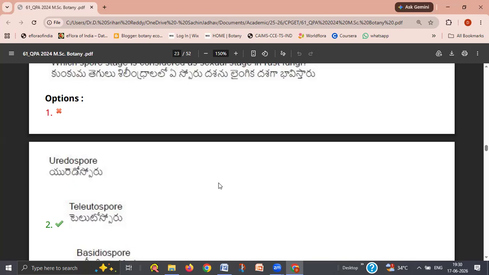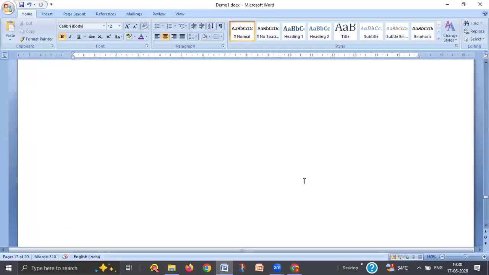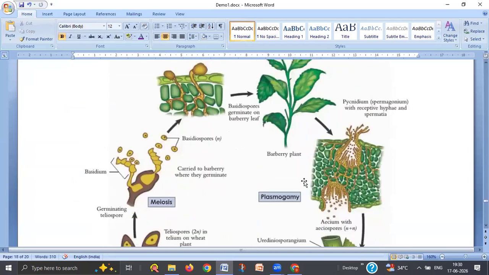So it has several stages in its life cycle. Once we'll see. See, this is the life cycle of Puccinia. There are two plants involved. The primary host is wheat. The secondary host is the barberry plant. It acts as a vector. Here, in the life cycle of Puccinia, we see the basidiospores which are present in the soil.